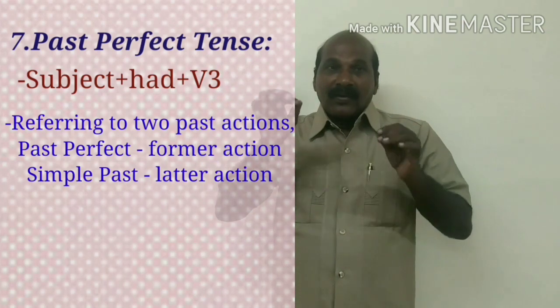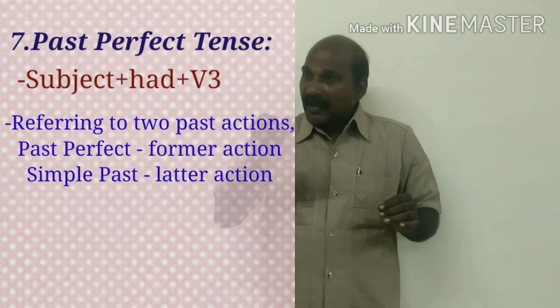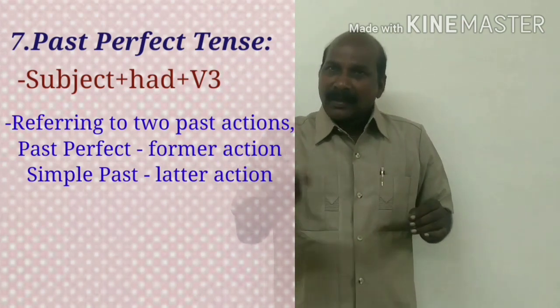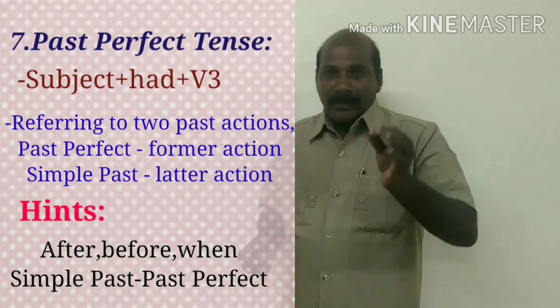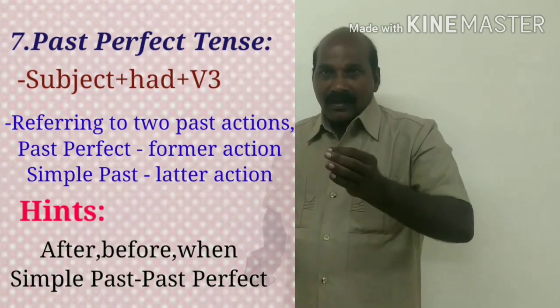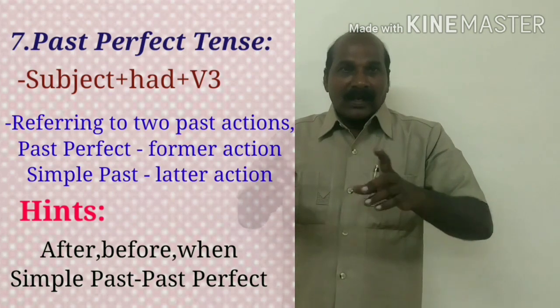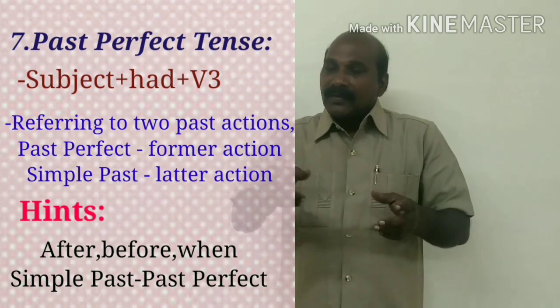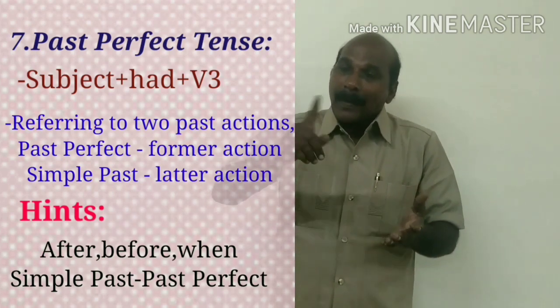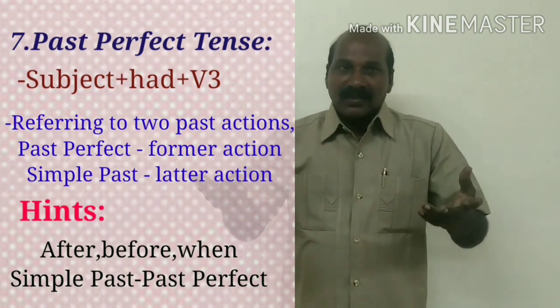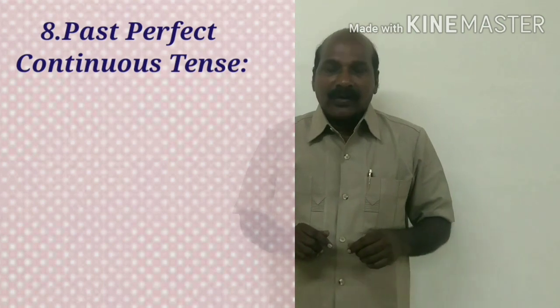Like that, we can identify this tense by just remembering three words: before, after, and when. And by using these three words, we use the combination of past perfect and simple past tense. Next, coming to the eighth tense, past perfect continuous tense.